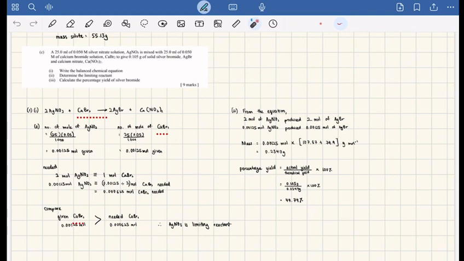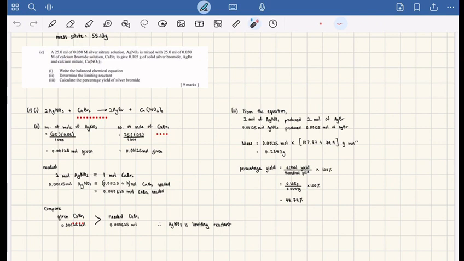Okay, for C2, we have to determine the limiting reactant. So in order to do that, first you have to find given, needed, and then compare. So given, and this is all mole, of course. First we find the number of moles of both reactants, which is silver nitrate and calcium bromide.